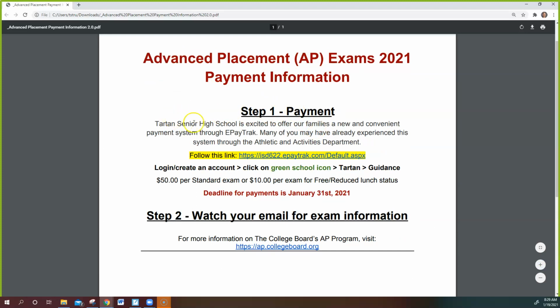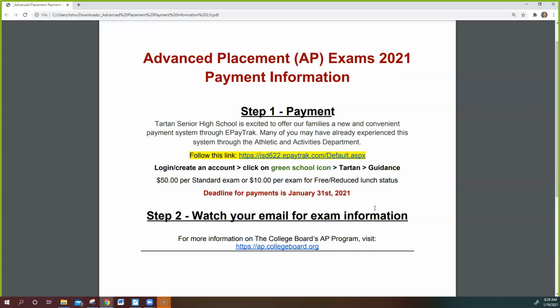So step 1 for the payment is basically here's the link, and then you create the account, deadline, and then once you did sign up, step 2 is to watch your email for exam information. A lot of times that's not going to come out until April or May. This is kind of a new system for all of us. I'm assuming once you sign up, you'll get an email just confirming that you're signed up, and then you'll watch your emails as we get closer to the exam date.